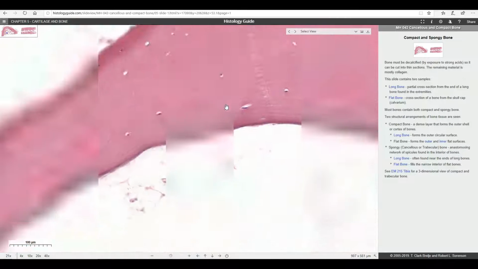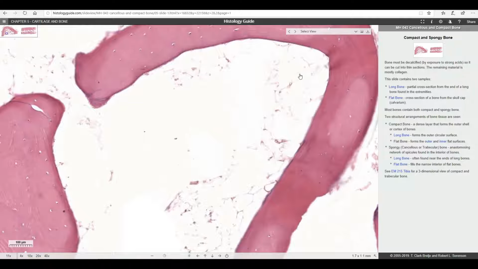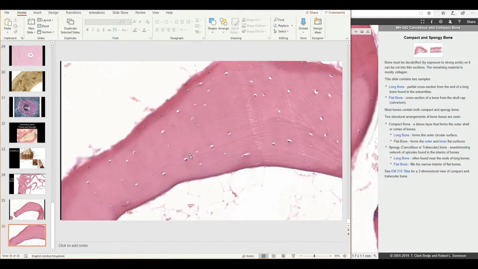Within these empty spaces is where the bone marrow should reside. Of course, here you have nothing because the section did not preserve the bone marrow. But here is where we find the hematopoietic stem cells that produce all of the blood cells, and of course, much more important structures than just the hematopoietic stem cells.